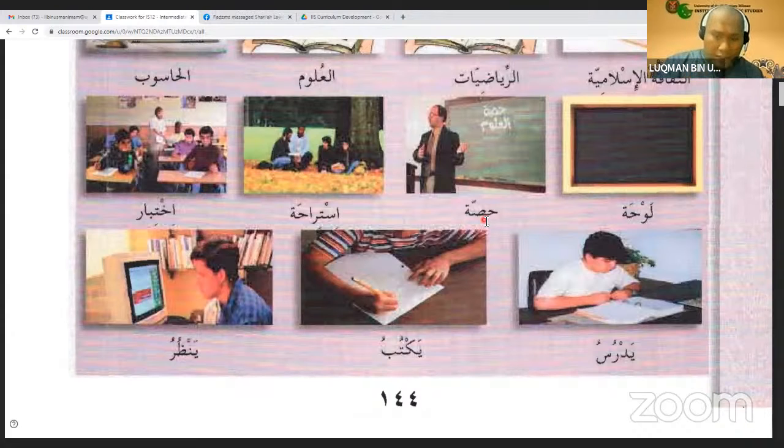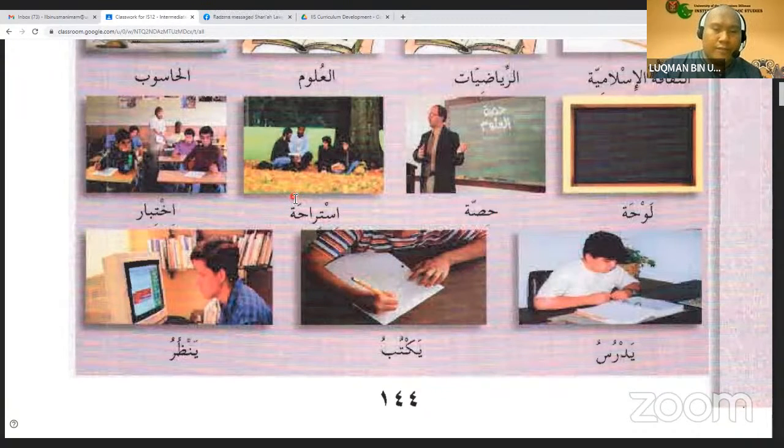Hissa is the period or the subject, or it can also mean class, as in class subject. So it's the period. For example, in class we have first period, second period, third period. So that's hissa, subject or period. Istiraha, istirahatun.